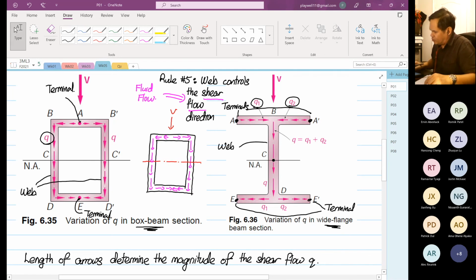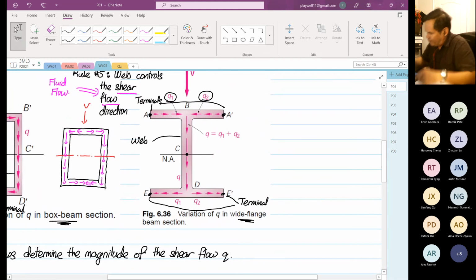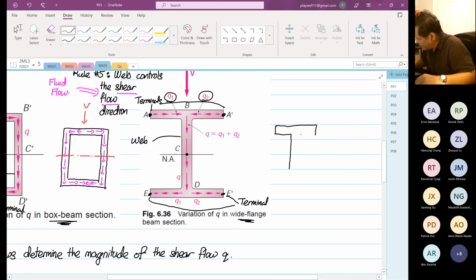So if we now go to the wide flange, same idea. The first thing you do is you apply rule number 5. This is still our V. Rule number 5 says the web controls the shear flow direction.